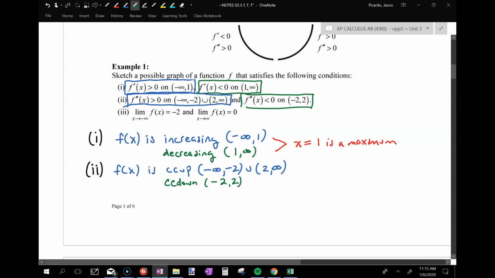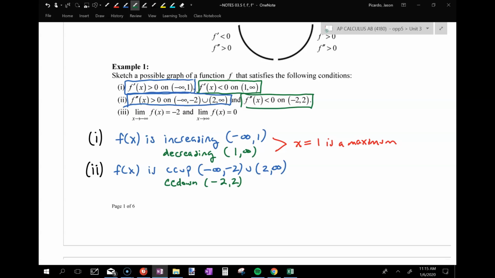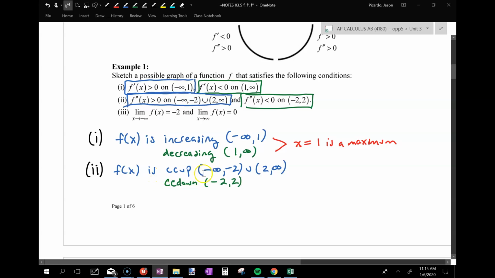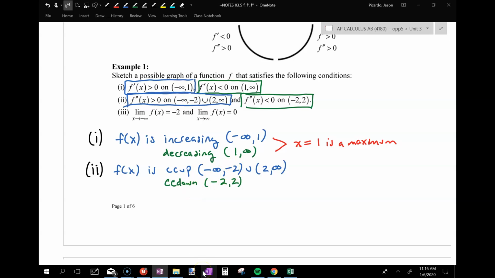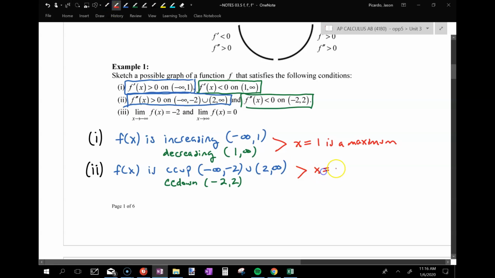Anything that those 2 facts tell me? Well, I'm concave up from negative infinity to negative 2, concave down from negative 2 to 2. So I went from concave up to concave down at what point? Negative 2. So what does that make negative 2? An inflection point. All right, then I went from what?